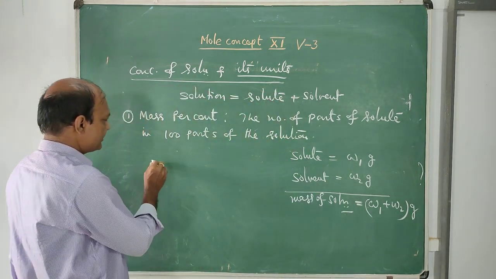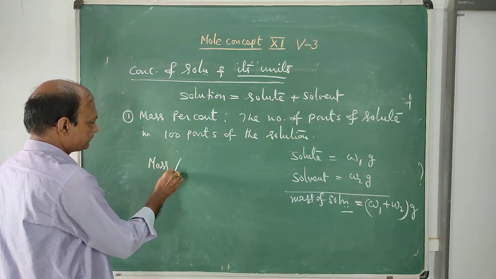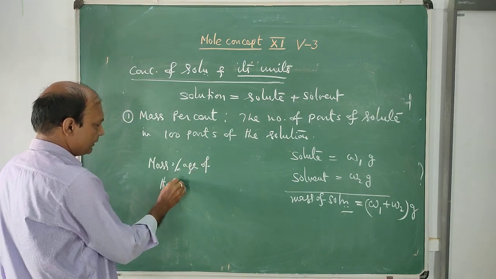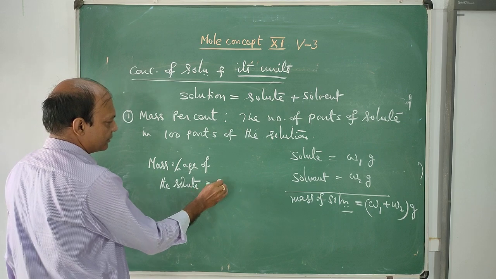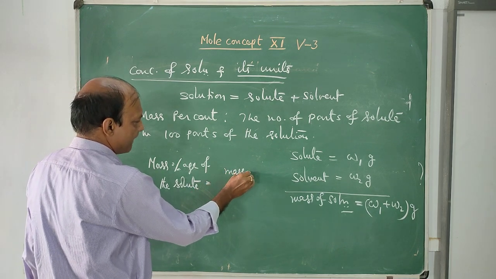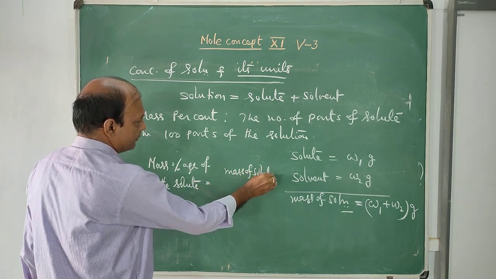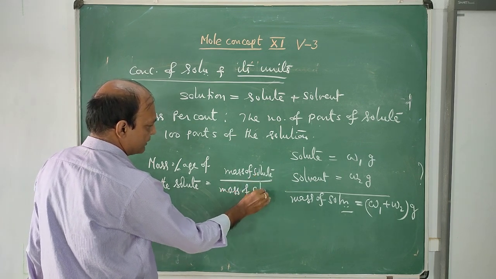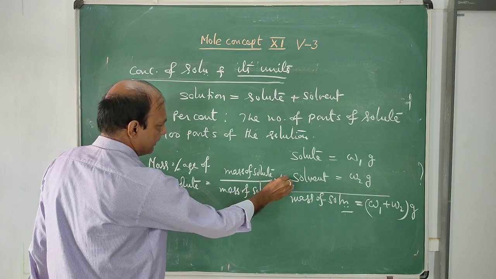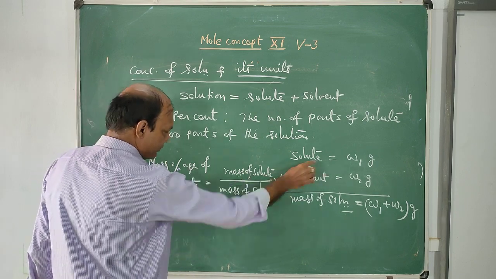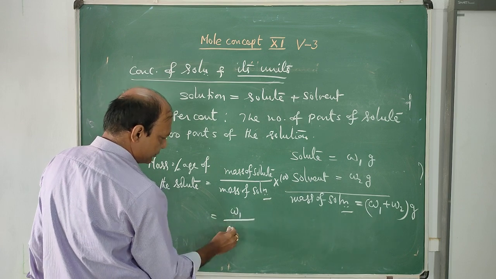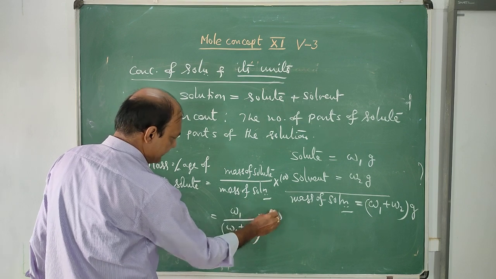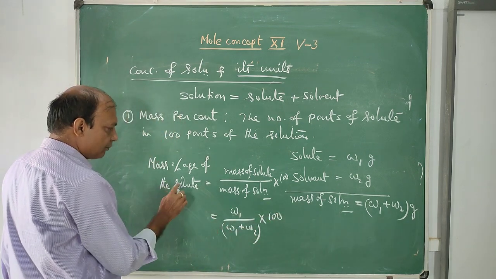So by definition, mass percentage of the solute equals mass of solute by mass of the solution into 100. Therefore, mass of solute is W1 gram, mass of the solution is W1 plus W2, into 100. This equals mass percent.